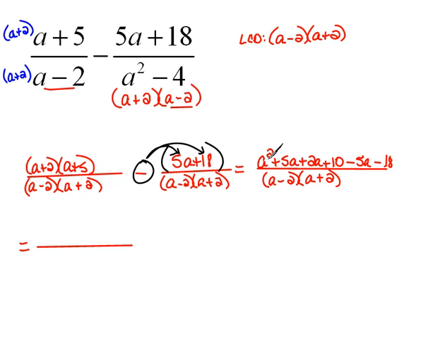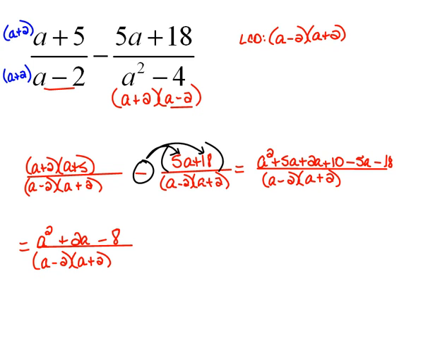So let's see, we've got an a squared that won't combine with anything. But then we have plus 5 plus 2 would be plus 7. Minus 5 would be plus 2a's. And then plus 10 minus 18 would be minus 8. All over that common denominator still.